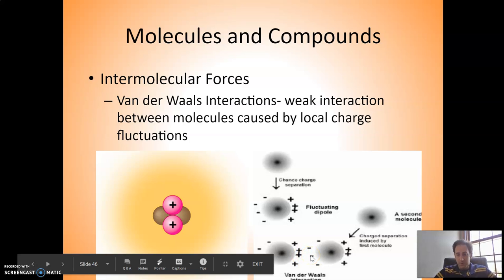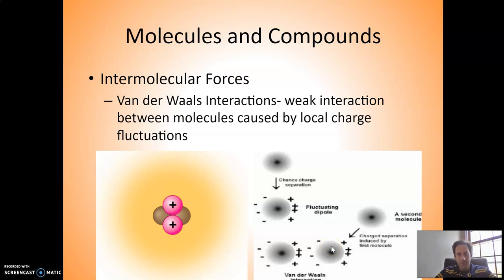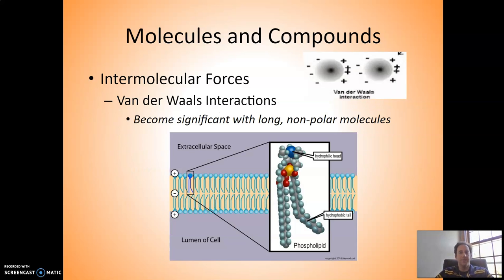Now, these are temporary. This isn't going to be permanent. Eventually something's going to do something to these molecules, and all of a sudden that separation of charge might go away, and then it's gone, but it'll reform again. And so these van der Waals interactions are extraordinarily weak, temporary interactions between different atoms, just caused by this localized fluctuation in those atoms.